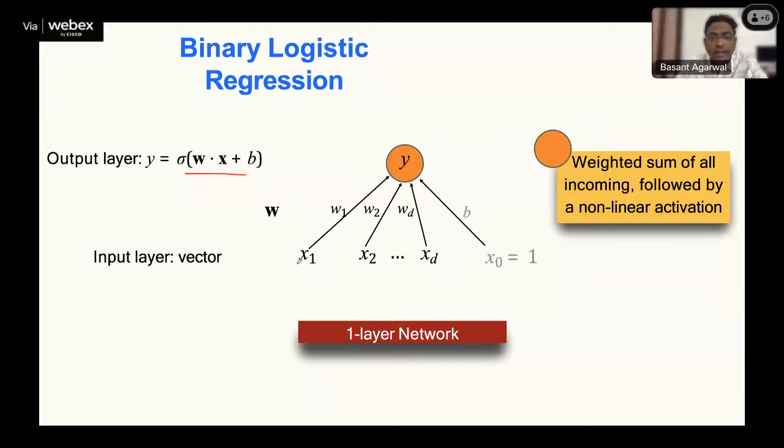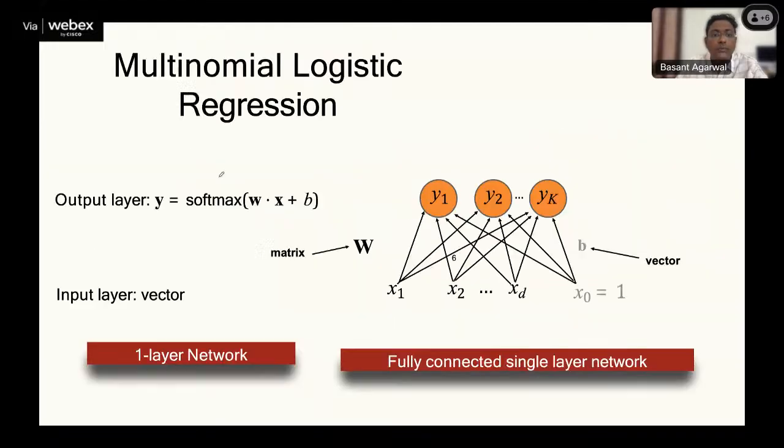Okay, so for this example, if we have inputs x and output y, W can be represented as a vector with all the weights. Here x1, x2, and so on are basically your inputs, weights and inputs. By doing the dot product of these, we get the weighted sum, then we add the bias and pass it to the sigmoid activation function, and that will be our output.